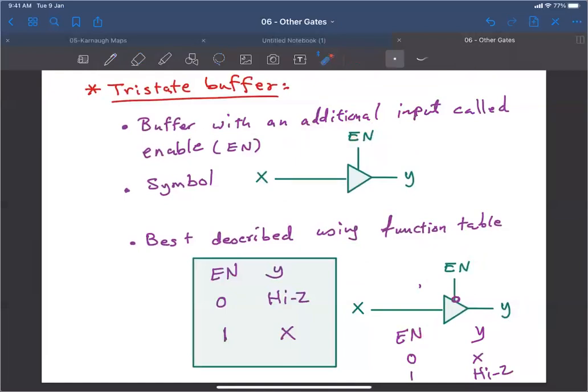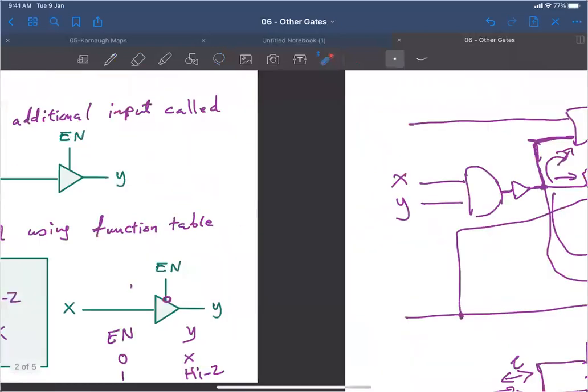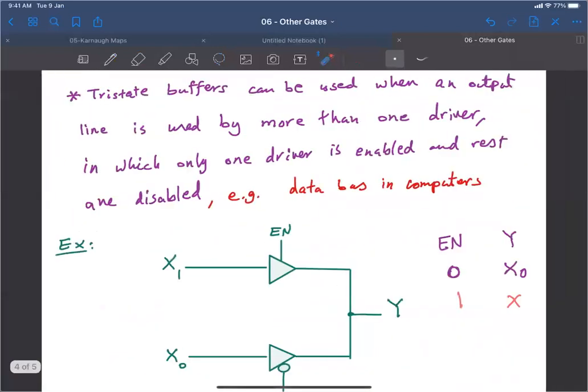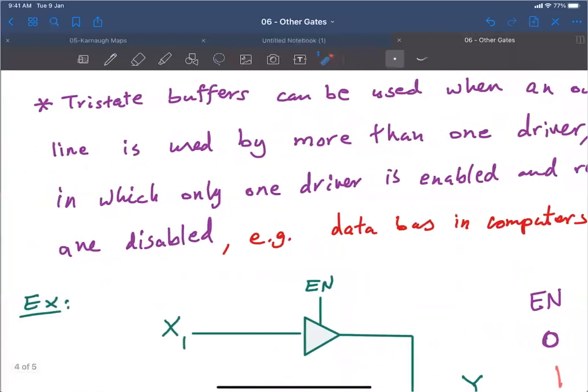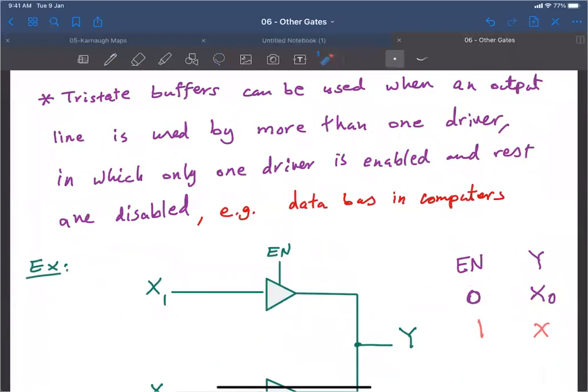High means 1. Any question? Let's take an example if you don't have any question. But before that, let's convince you by an application of the tri-state buffer.